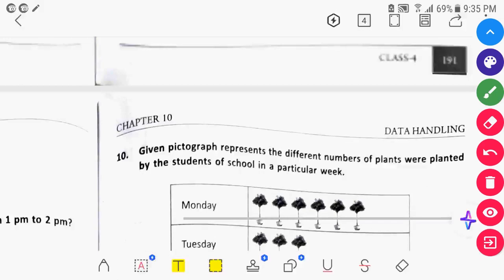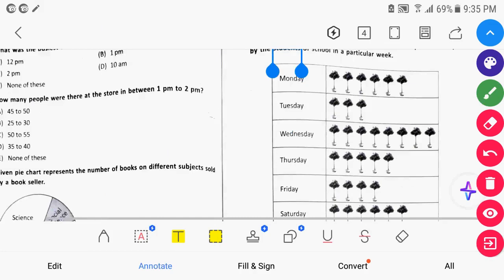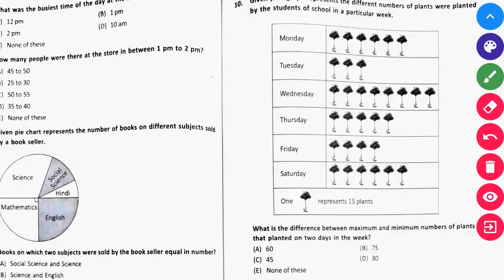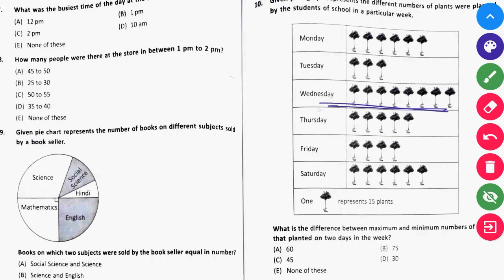Now the next chart is again in the form of a pictograph. Now the question is, one plant symbol represents 15 plants, and we have to calculate the difference between the maximum and minimum number of plants planted in 2 days of the week. So the maximum were planted on Wednesday, and the minimum on Tuesday.